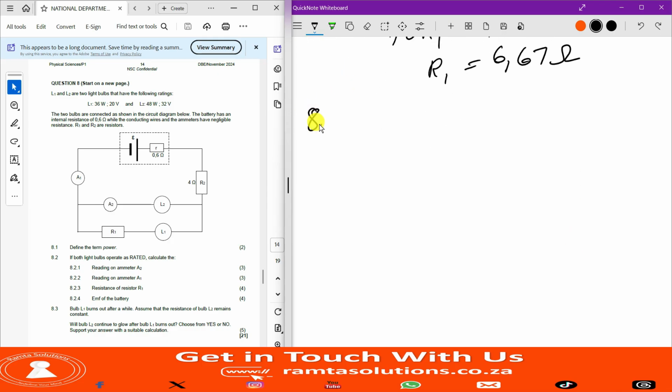8.2.4 says we must determine the emf of the battery. Already we know the voltage here. Do we know the voltage here? But we can find it. So now let's find V load.